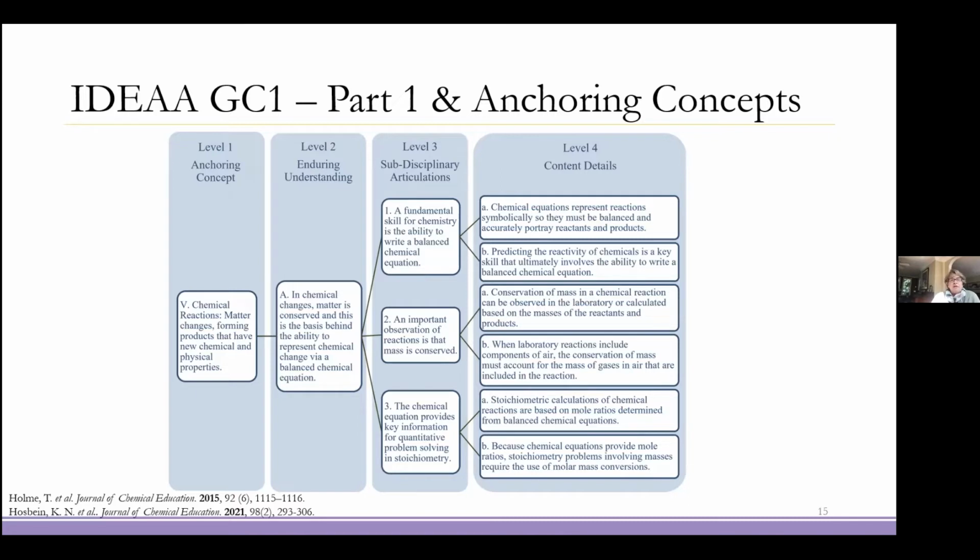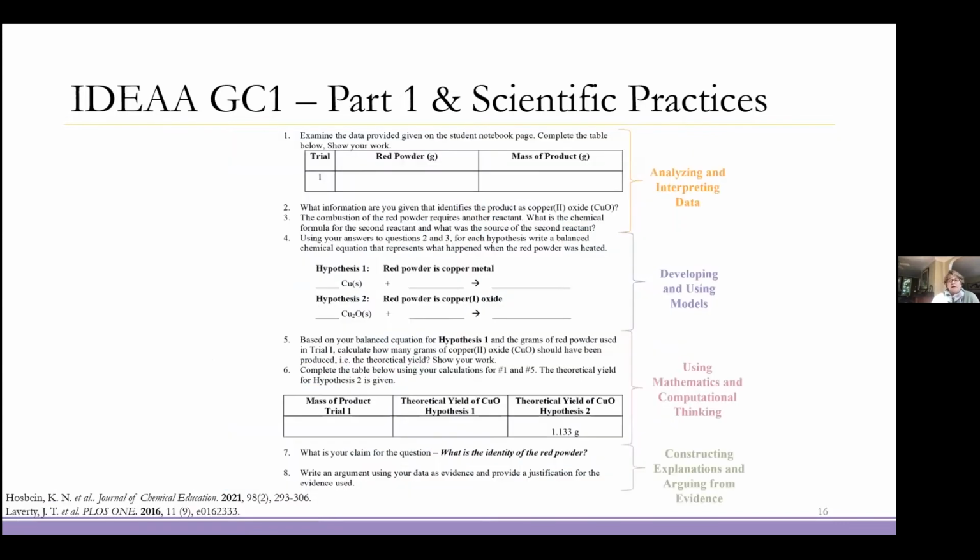So the anchoring concept, with these, I'm going to talk about level one, this level number 5 anchoring concept is very much about chemical reactions, how chemical reactions occur, drilling all the way down to the content details of balancing equations, stoichiometry, calculations. So this really encapsulates the first part in terms of the content knowledge that we're expecting students to apply in these science practices.